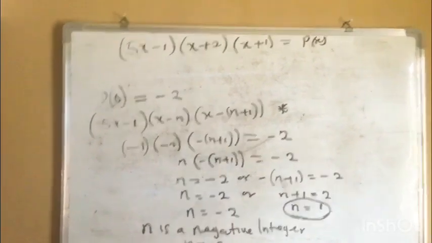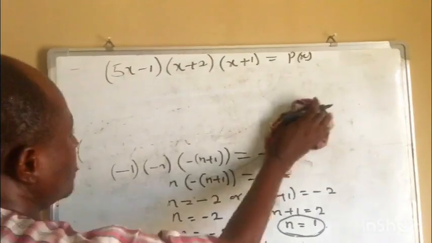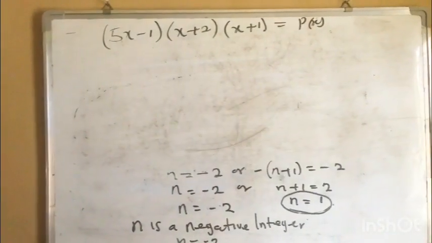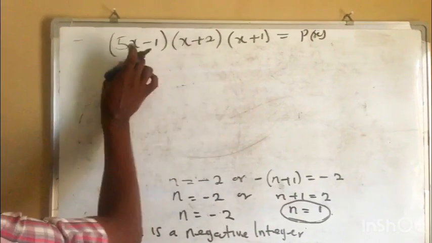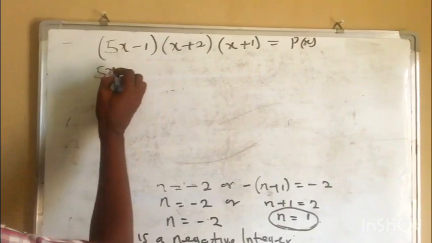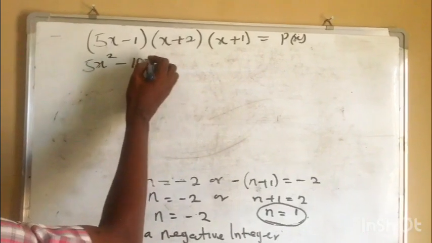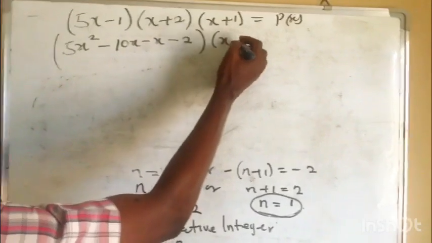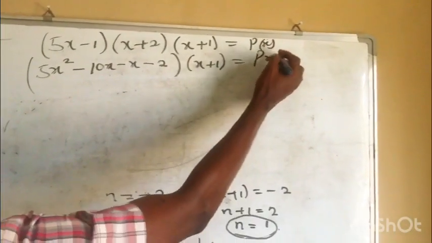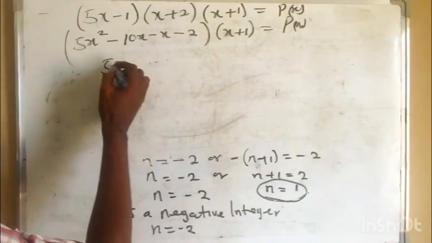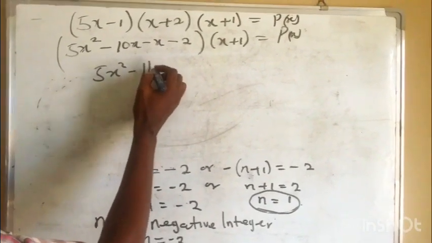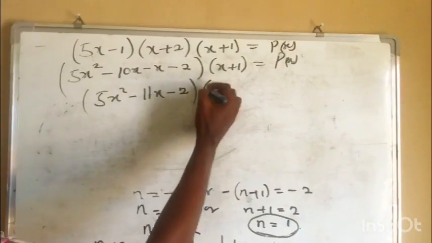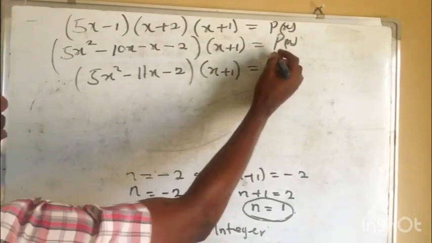So if I open this bracket, to know the highest power of my x, maybe we first deal with these first two. That will be 5x squared minus 10x minus x minus 2, into bracket x plus 1. That's our polynomial p of x. So this will be 5x squared minus 11x minus 2, bracket x plus 1 equals p of x.